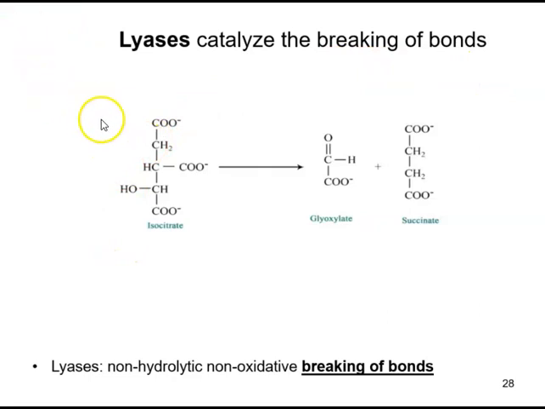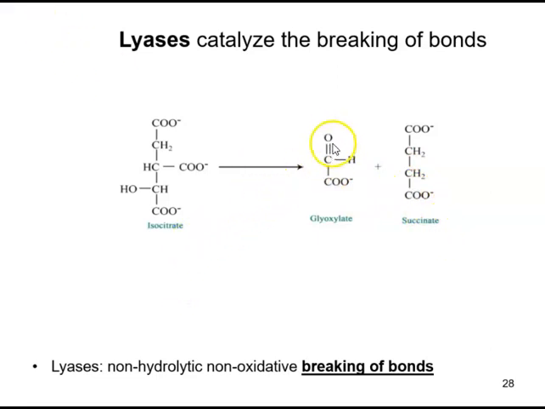So an example of this is isocitrate, and the enzyme that's involved in this reaction is called isocitrate lyase, and it will cleave this chemical and generate two new products, glyoxylate and succinate.